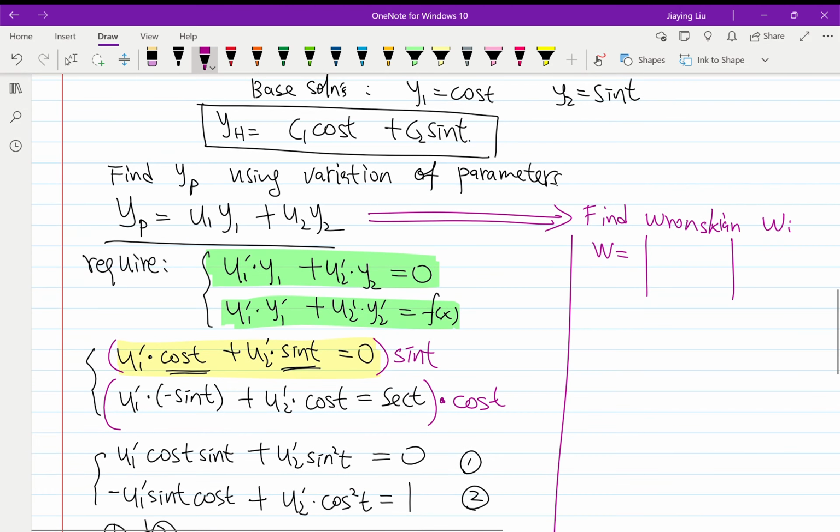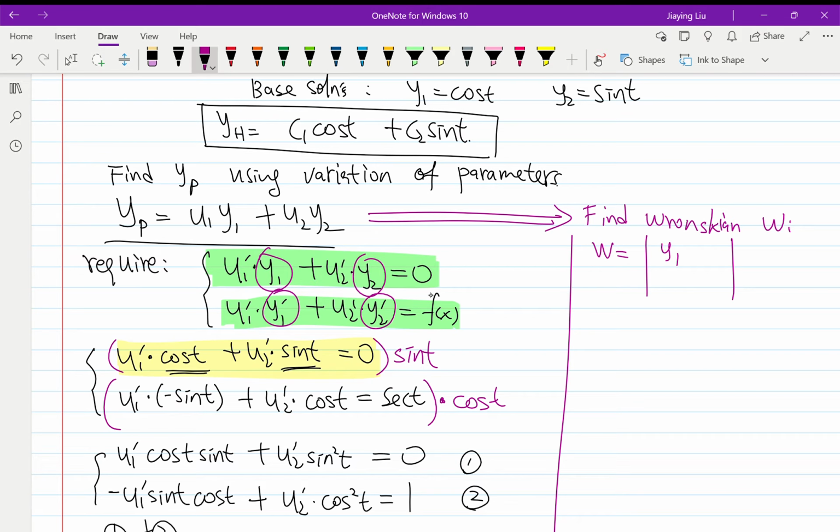In the two equations I had, u1 prime is a variable, so y1 is a coefficient, and u2 prime is a variable, so y2 is a coefficient, and y1 prime, y2 prime are also coefficients.